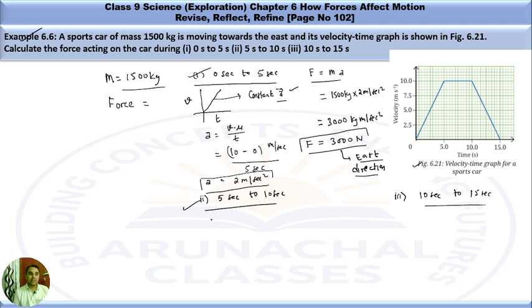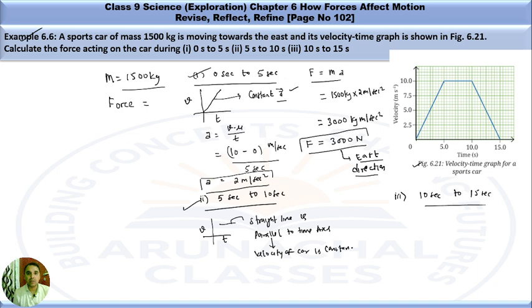In the second case, what we see in the velocity time graph is that the car is moving with constant velocity. There is no change in velocity. So a straight line is there. This straight line is parallel to time axis, and this represents that velocity of the car is constant.